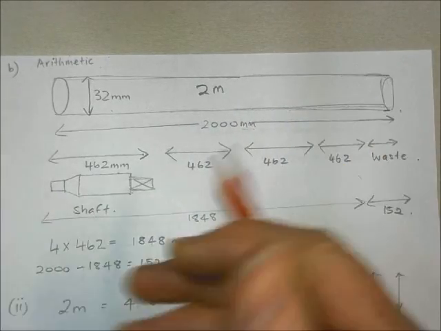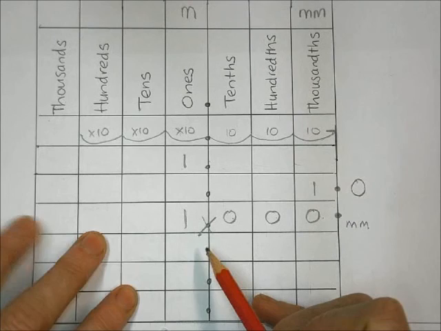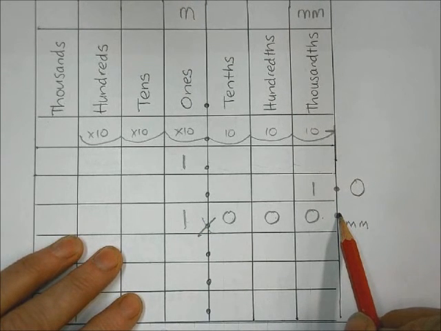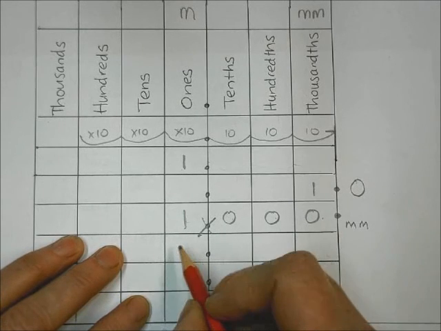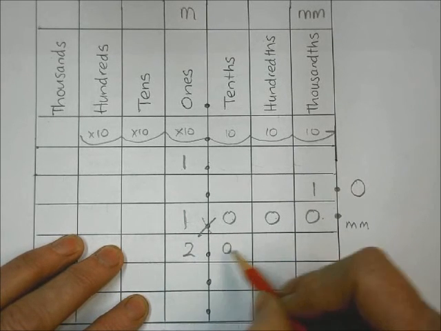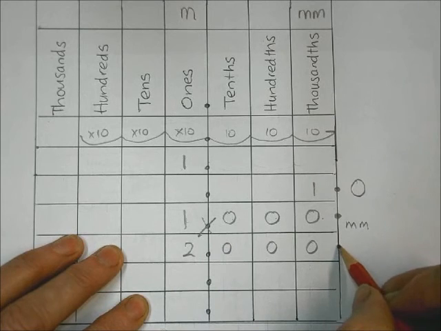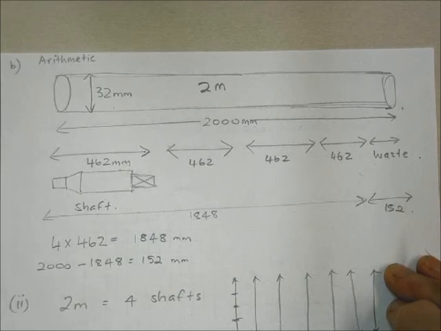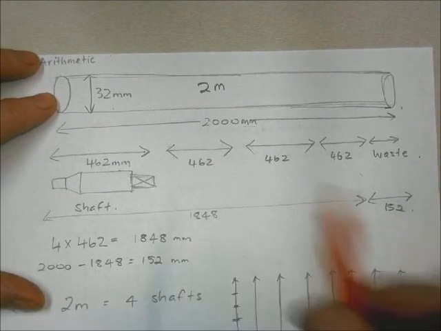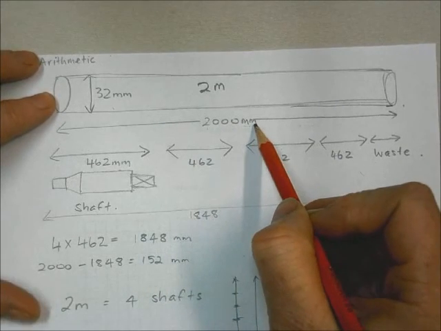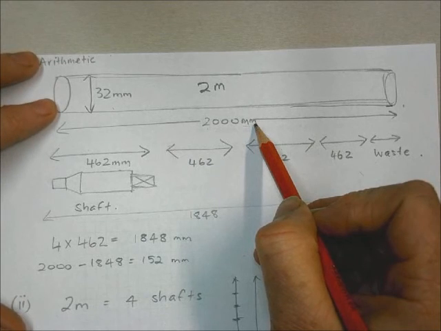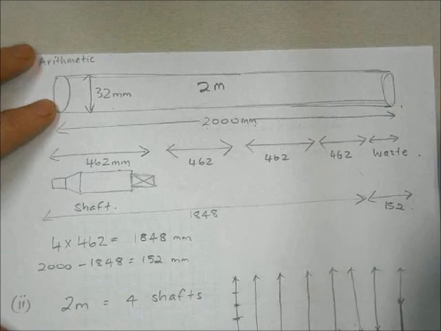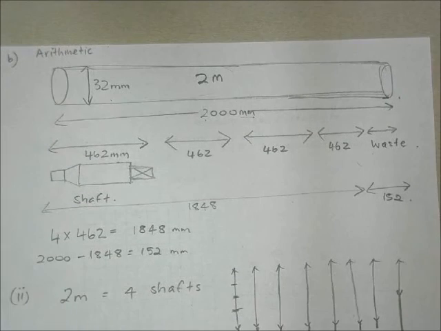We've just established that there are 1,000 millimeters in 1 meter, so there's going to be 2,000 millimeters in 2 meters. Okay, so from now on we're going to refer to this bar as a 2,000 millimeter bar. Okay, we won't worry about meters for a while. Okay, so now everything's fitting.